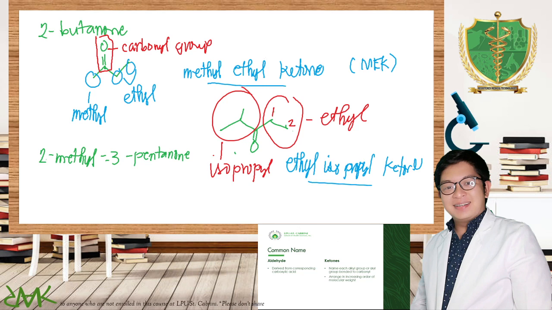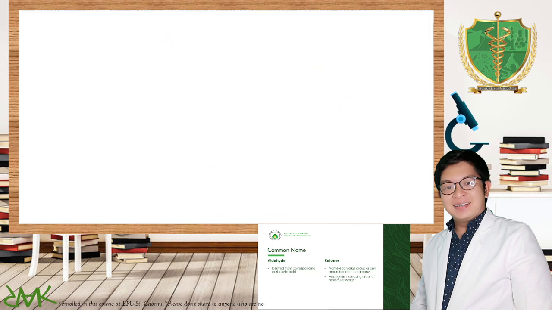Last example before we proceed to our physical properties: 2-hexanone. We have 1, 2, 3, 4, 5, 6. On carbon number 2, we have our carbonyl group.